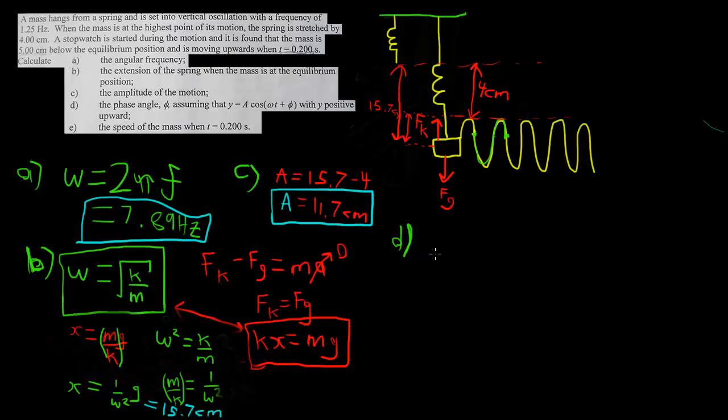Okay, so we know the equation. They give it to us. And this carves out the path that the particle takes in time. What this equation does for you is it tells you the position y as a function of time.